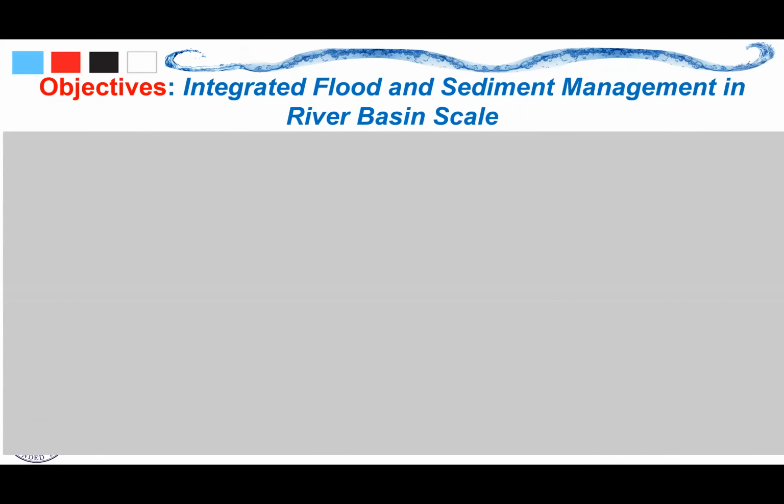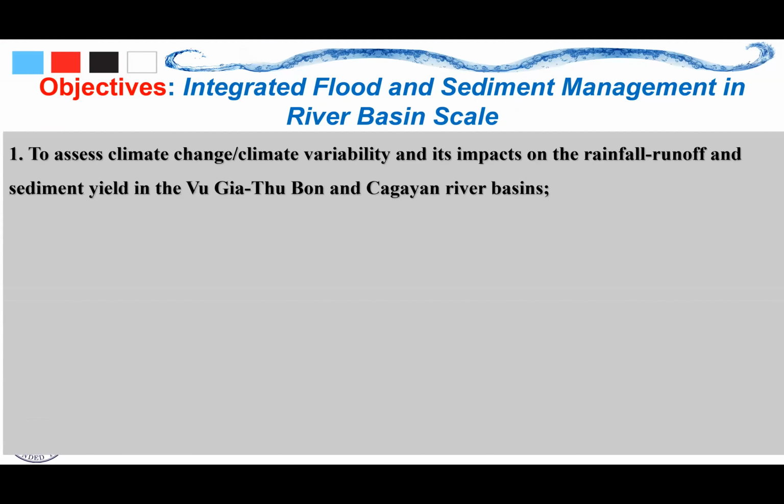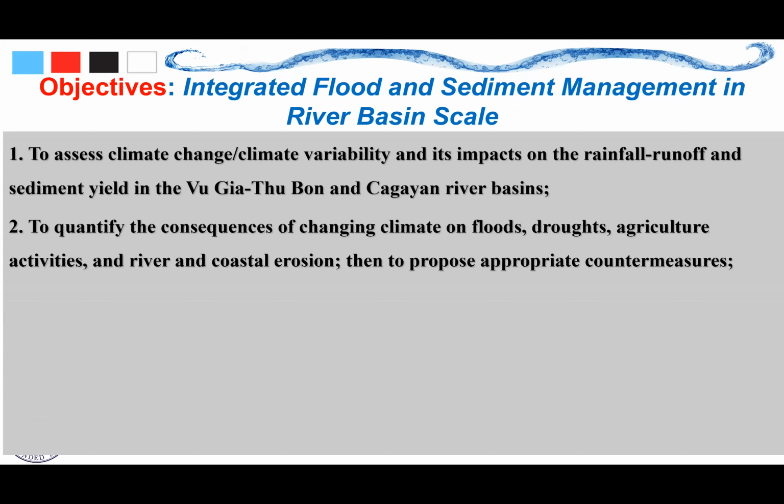So the main objective of this is to assess the climate change, climate variability, and its impacts on the rainfall, runoff and sediment yield in both rivers in 2 countries, Vu Gia-Thu Bon in the central part of Vietnam, and the Cagayan River Basin in the Philippines. And we want to quantify the consequences of a changing climate on floods, droughts, agricultural activities, and river and coastal erosion.